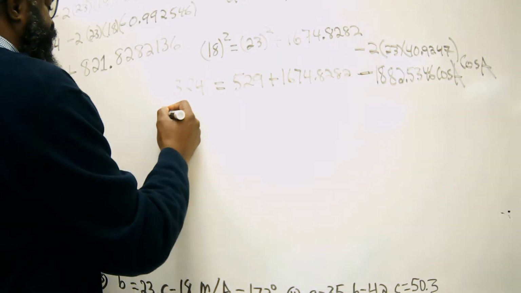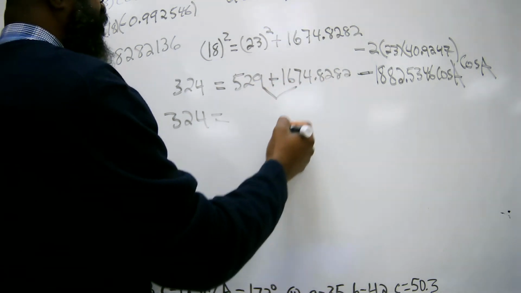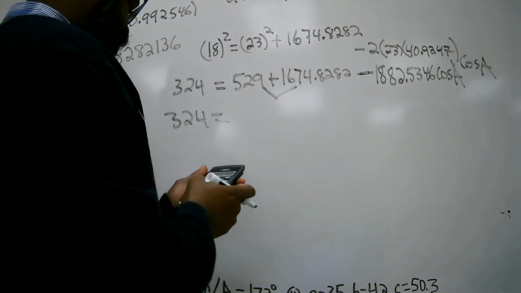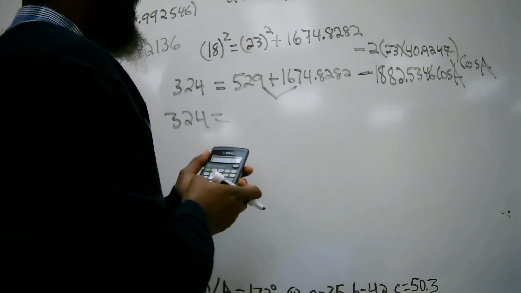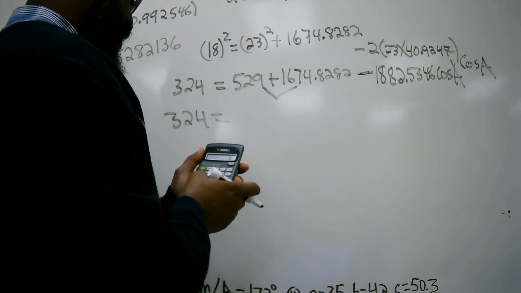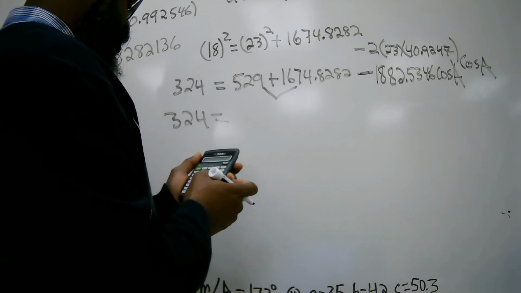Then I will have 324 equal, I need to add those two numbers. That will be 529 plus 1674.8282.